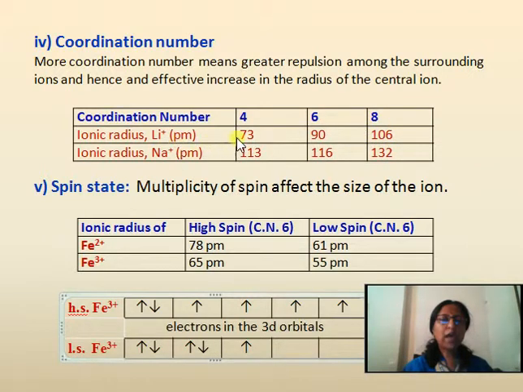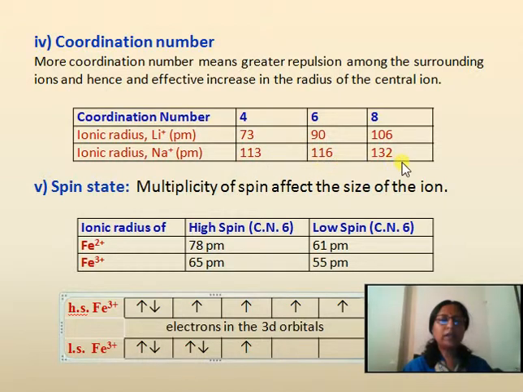So what is happening is, as the coordination number is increasing, the number of ions surrounding the cation is increasing, and there will be a repulsion between those ions, and there will be an effective increase in the ionic radii value. And the same trend you can see in case of the sodium+ ion. So here the value is 113, and then gradually it is increasing.